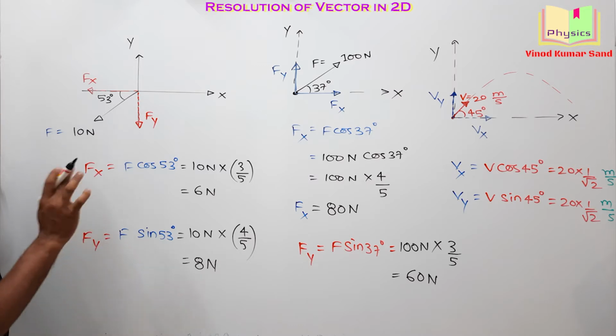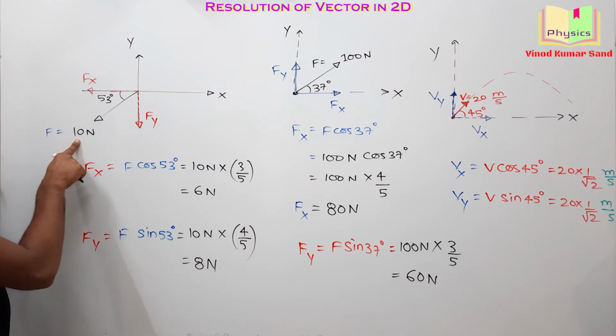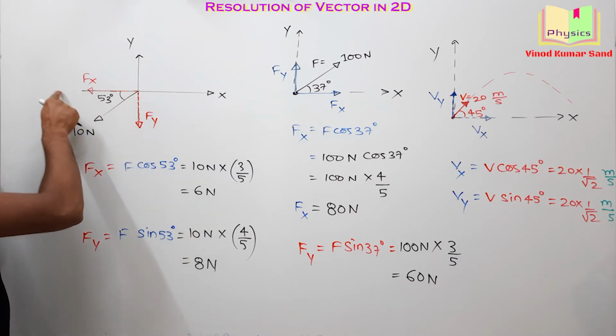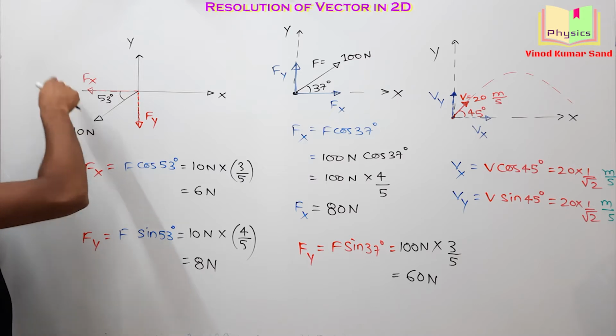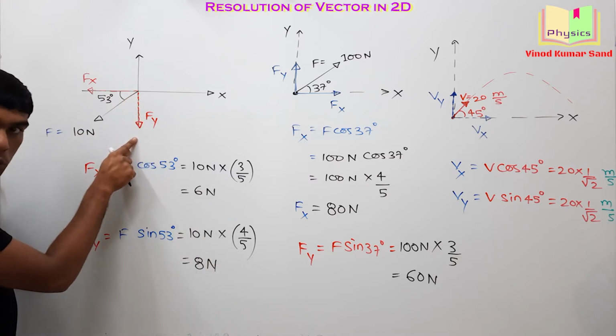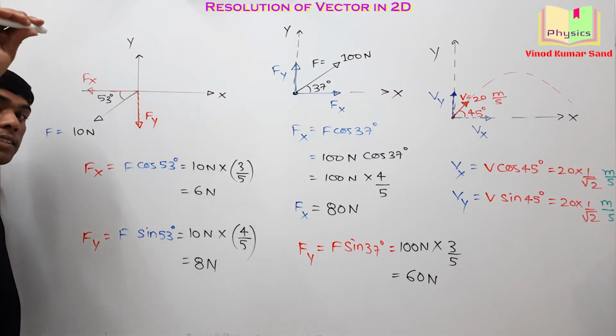Simple thing. It indicates this 10 Newton force will have an effect of 6 Newton along the negative x-axis, will have an effect of 8 Newton along the negative y-axis, and its effect along the z-axis will be 0.